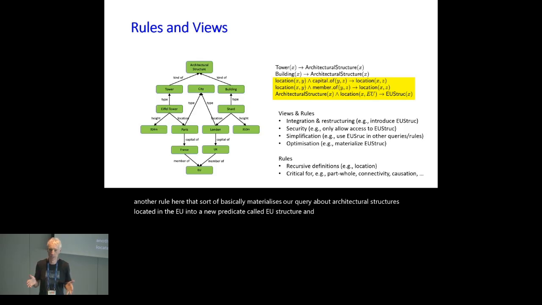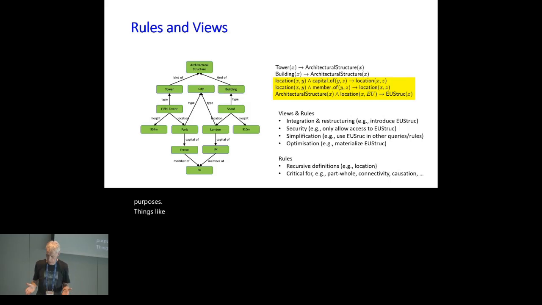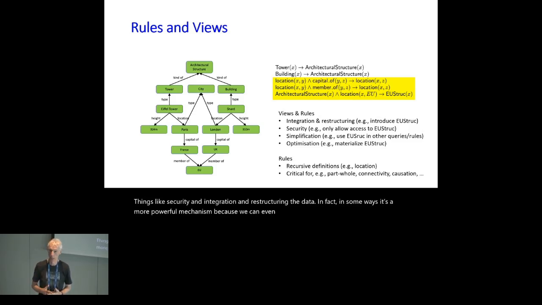This is very similar to what we might do with a view in a relational database, and we can use it for all the same purposes, things like security and integration and restructuring the data. In fact, in some ways, it's a more powerful mechanism because we can even deal with recursion, which typically databases don't support.